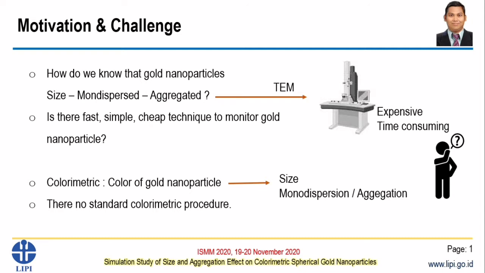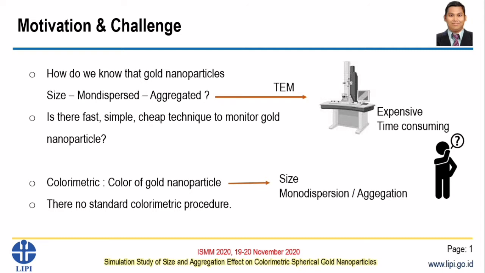Usually, we utilize transmission electron microscope (TEM) to check size, monodispersion, and aggregation of synthesized gold nanoparticles. However, TEM is expensive and time-consuming. The challenge is to create simple technique to monitor synthesized gold nanoparticles.